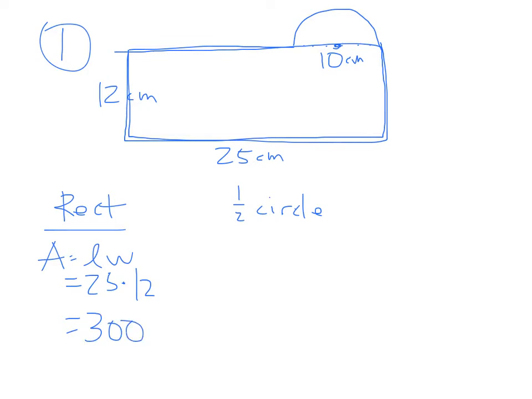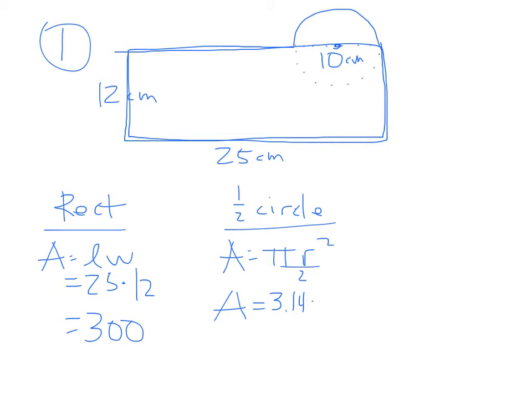And now we're going to find the area of the half circle. Well, area is pi r squared, but then we're going to divide it by 2 since we have half of a circle. So in this case we've got pi, which is 3.14, times the radius for this full circle.